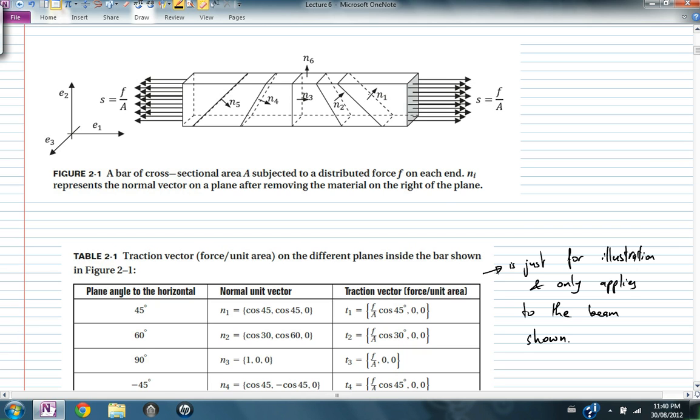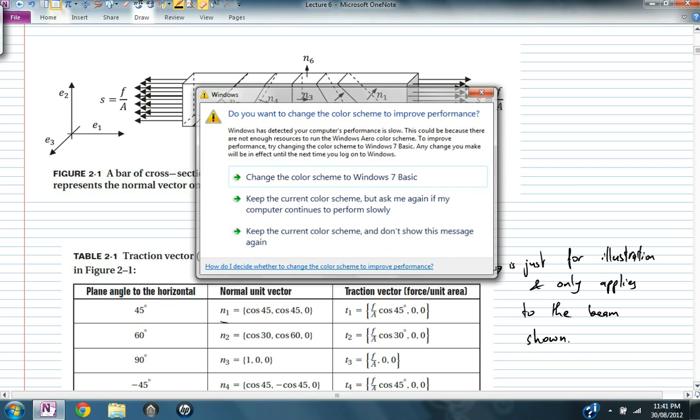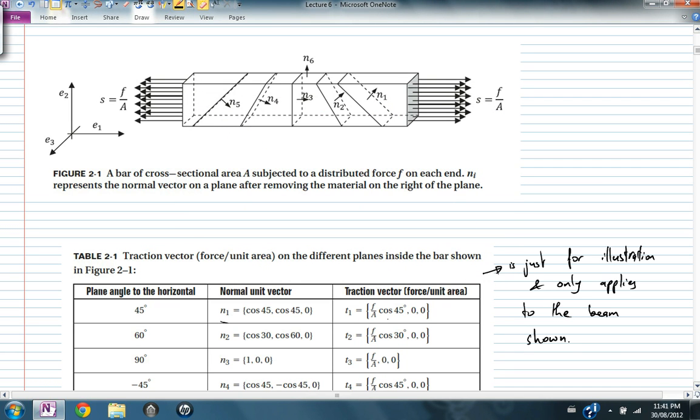If I look at a plane that's inclined to the horizontal by 45 degrees, this n1 is the normal vector to this plane. The traction vector on this plane is going to be this vector F over A cosine 45, 0, 0. n2, if it's inclined by 30 and 60, the traction vector will have a different value.